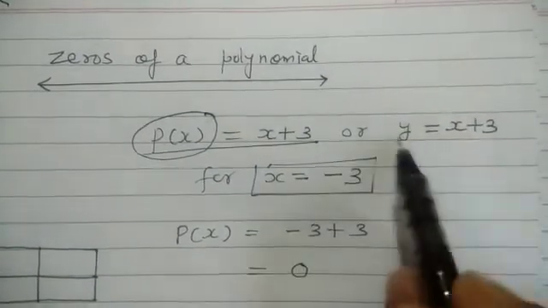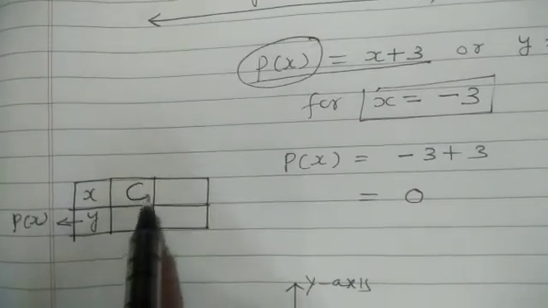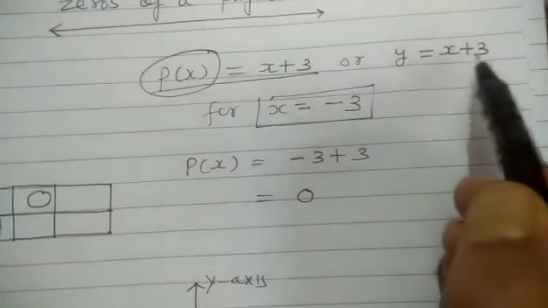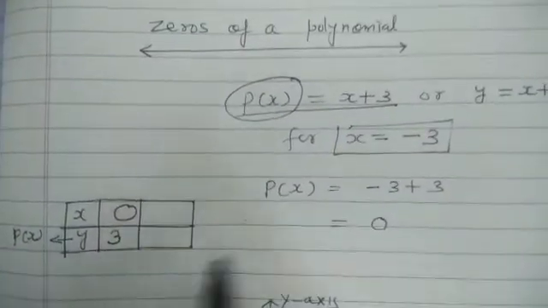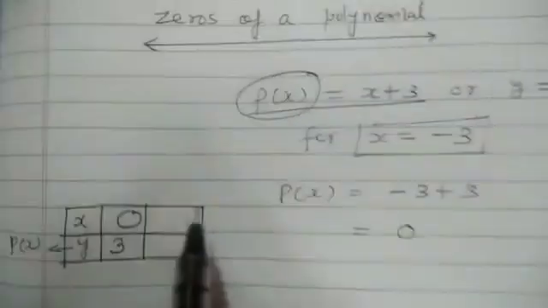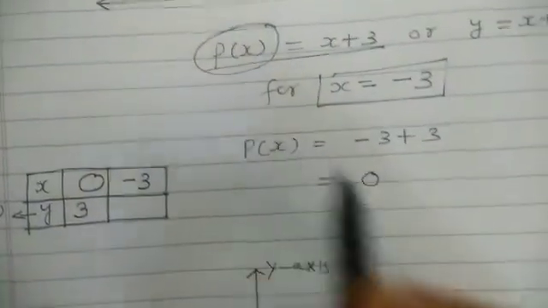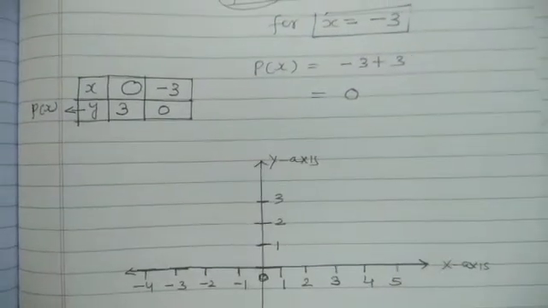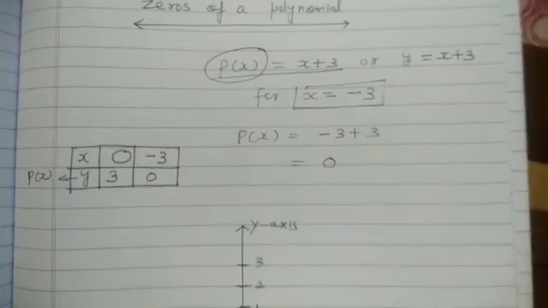Then if you draw a table for this, if I take x equal to 0, then y will become 3. And if I take x equal to minus 3, then p(x) becomes 0. You know how to draw a graph for a linear equation.